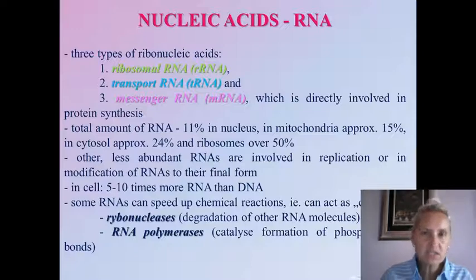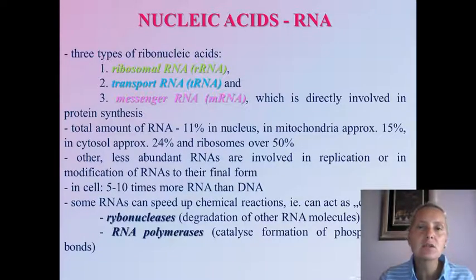But the total amount of RNA molecules is much higher than the content of DNA, because there is the need for the synthesis of a lot of types of RNAs which are going to be involved in the synthesis of different proteins. So 5 to 10 times more RNAs are found than DNAs. Also, some of the RNA molecules can act as catalysts.